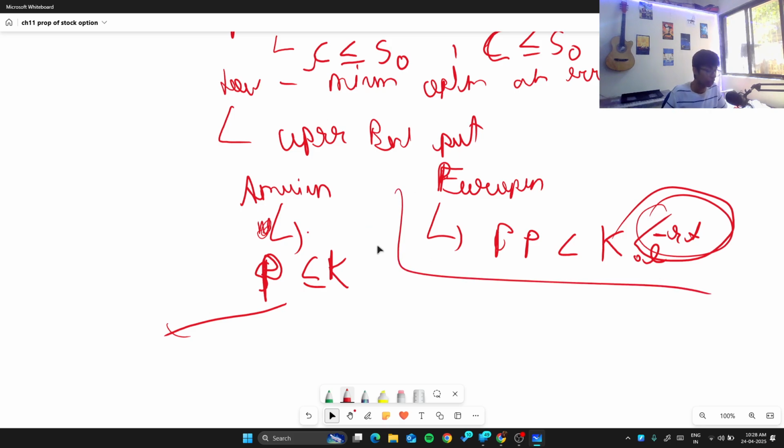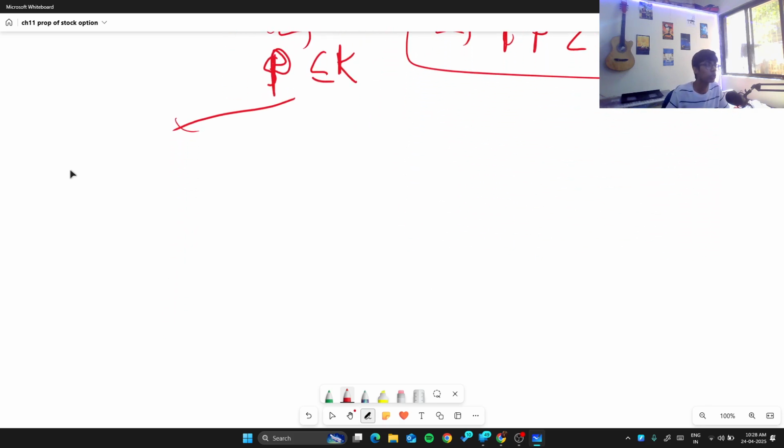That is the upper bound. Now let's see the lower bound of calls and puts.